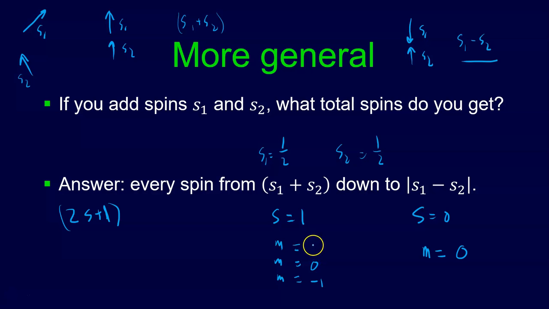So negative 1, 0, and 1. Over here, 2s plus 1 tells you how many states there are. For s equals 1, if I plug a 1 into here, I get 2 plus 1, which is 3. So 3 states, these are the 3 states over here. For s equals 0, I get just one state. This is the one state over here.